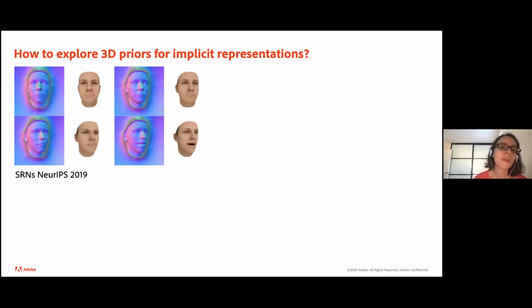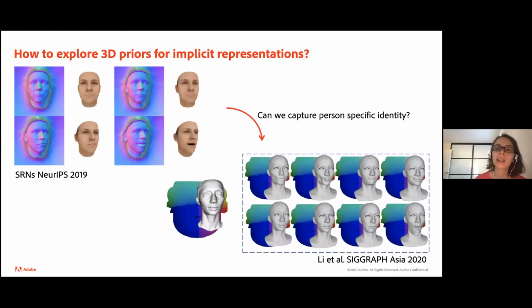So it might be interesting to see if we can first learn some generic implicit representations, but then on top of that, utilize the power of implicit representations to capture more details, for example, to add person-specific features. So this would be another thing I'm excited to explore.